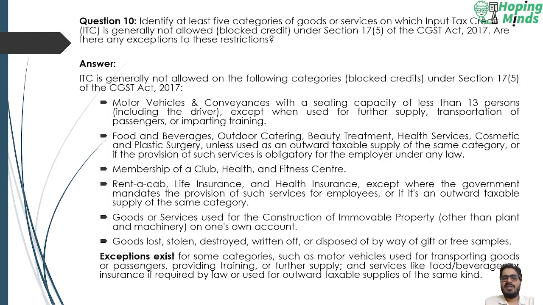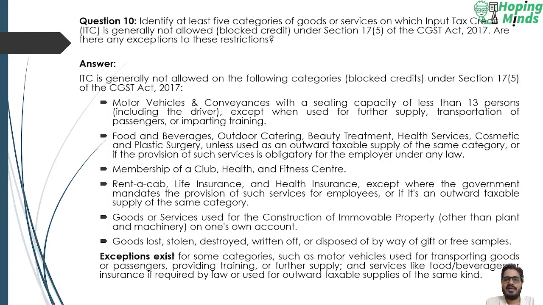If the goods or services fall under this category, then against such supplies input tax credits cannot be claimed by the recipient. So input tax credit is generally not allowed on the following categories, that is, block credits under Section 17(5) of the CGST Act 2017.